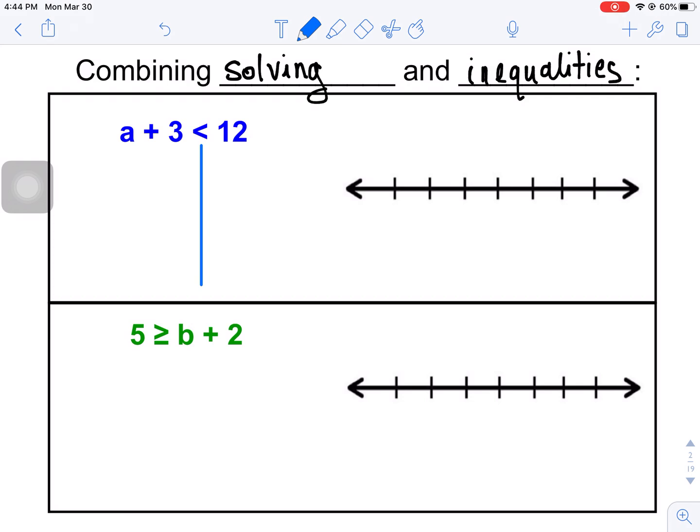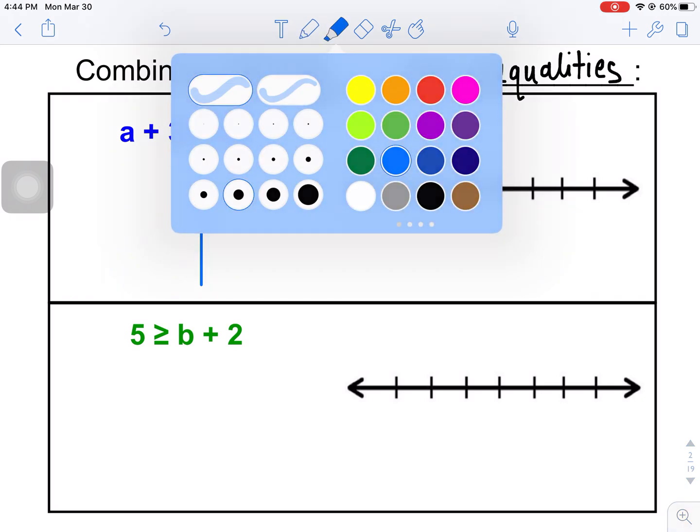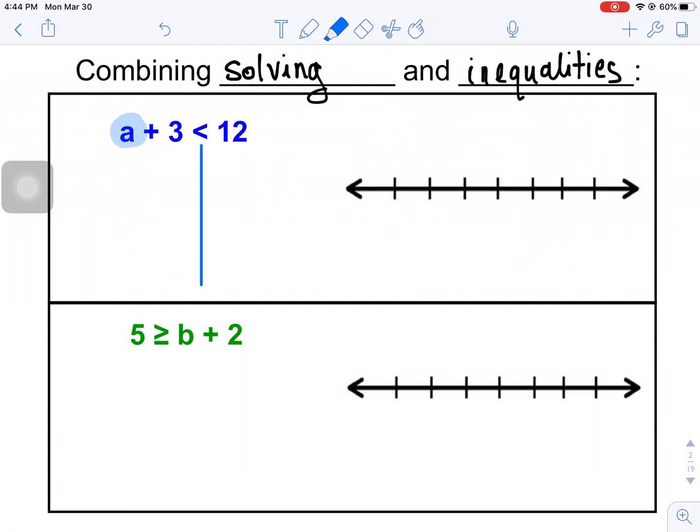Our next step is going to be to look for our letter, our variable, which in this case is A. And then we want to look at what's happening on the same side as A. So if you look at A, it says A plus 3.